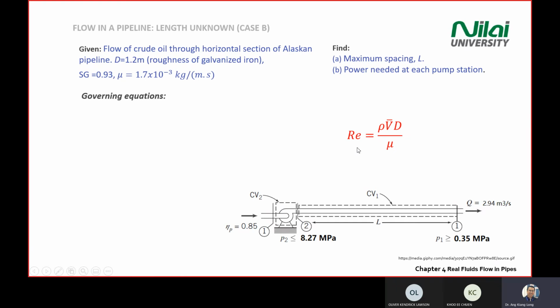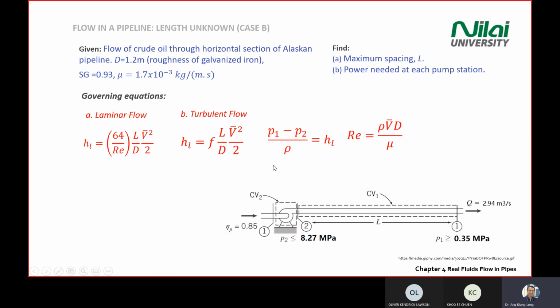So governing equation, first you find the Reynolds number, rho V d divided by mu, and you write these two equations: laminar flow, this equation; turbulent flow, this equation. From the Reynolds number, you can determine which formula to use. Then another equation, P1 minus P2 divided by rho equals HL. This equation only applies for a level pipe.